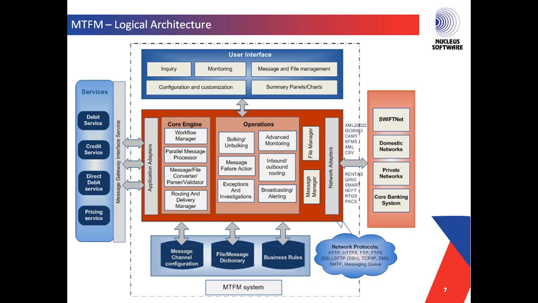Then, as I mentioned, there is a facility to configure different message types and file formats. So there is a UI available where message types, the configuration, the network protocols, and to some extent some validations can also be configured. So this is broadly speaking the logical architecture of this MTFM, which is the use case that we're talking about today.